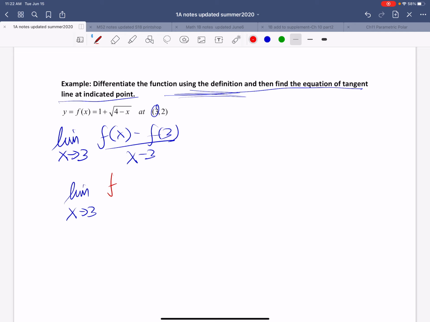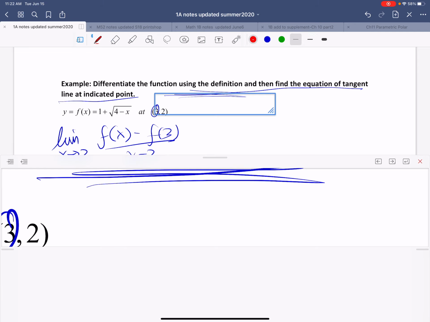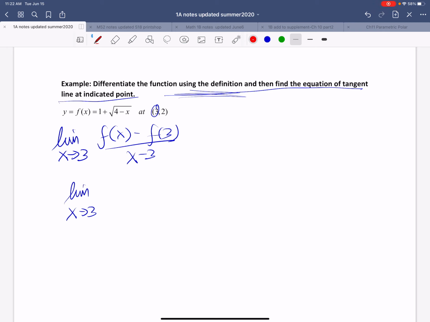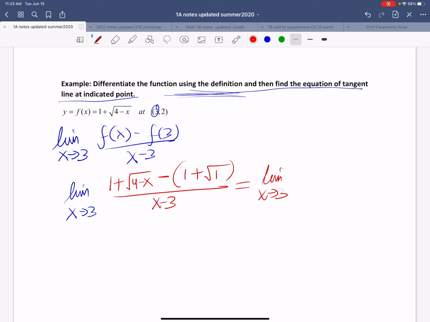That would be f(x) is 1 plus square root of 4 minus x, minus f(3), which would be 1 plus square root of 4 minus 3, which is 1, divided by x minus 3, which is limit as x approaches 3 of 1 plus square root of 4 minus x, minus 1 plus 1 is 2, minus 2, over x minus 3.